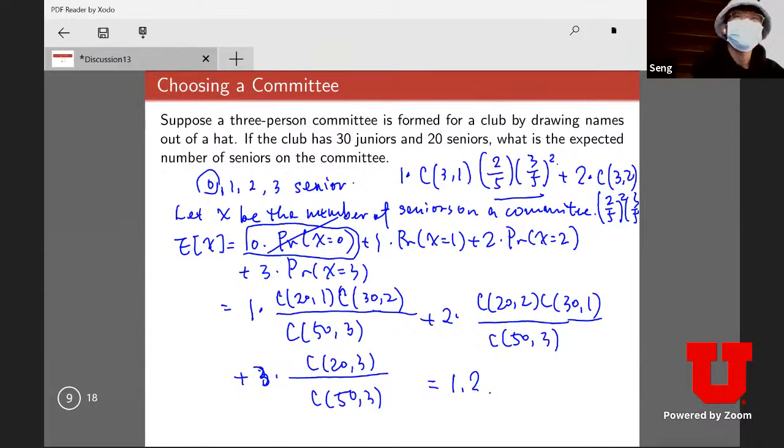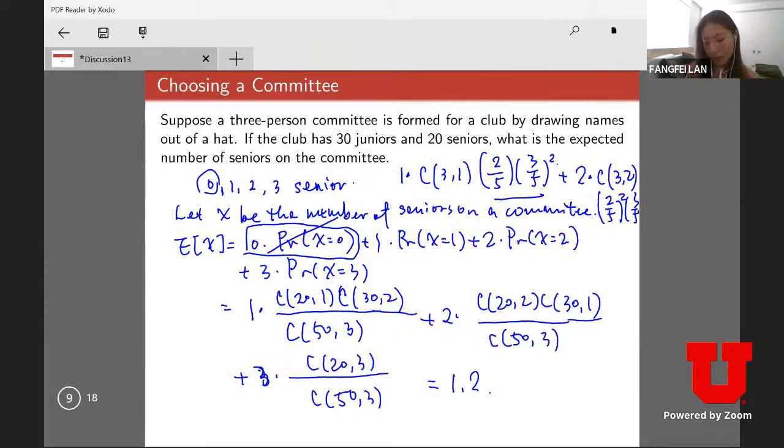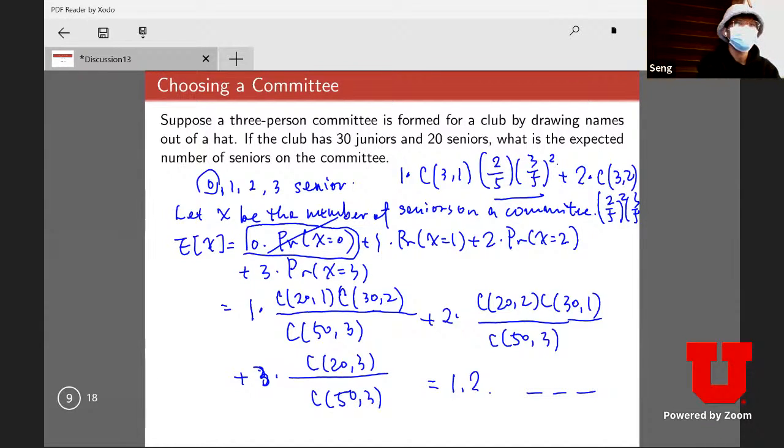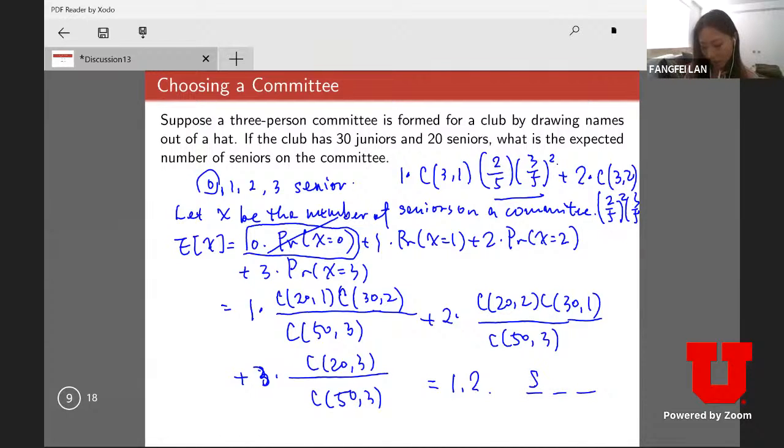I was thinking the order doesn't matter here, but why are we using C(3,1)? Because if you're choosing 1 senior, there are 3 spaces, and you can choose which one comes first, senior first or senior here. Basically, the order is about who you choose first.